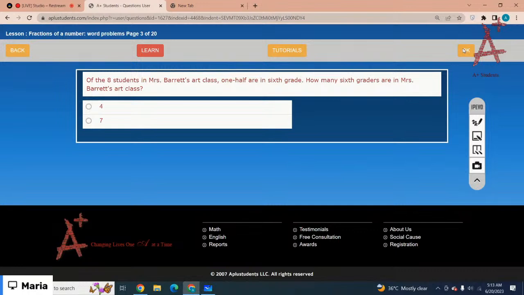That means 4 out of 8 are 6th grade students. Got it? So, the correct option is 4.